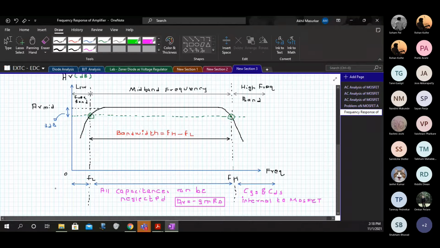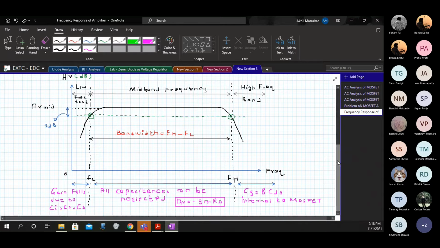And here at low frequency, gain falls due to CI, C0 and CS.